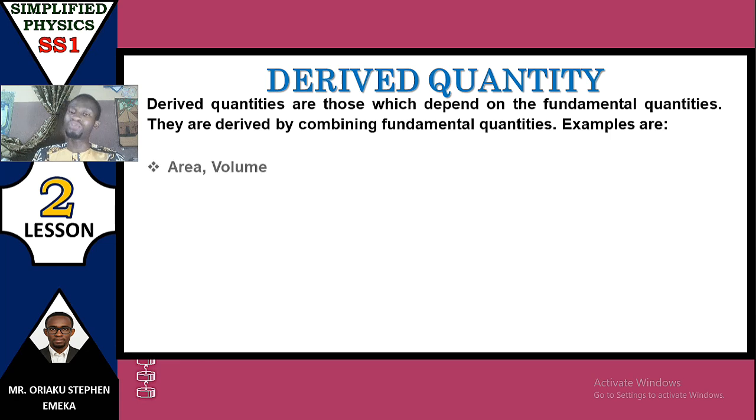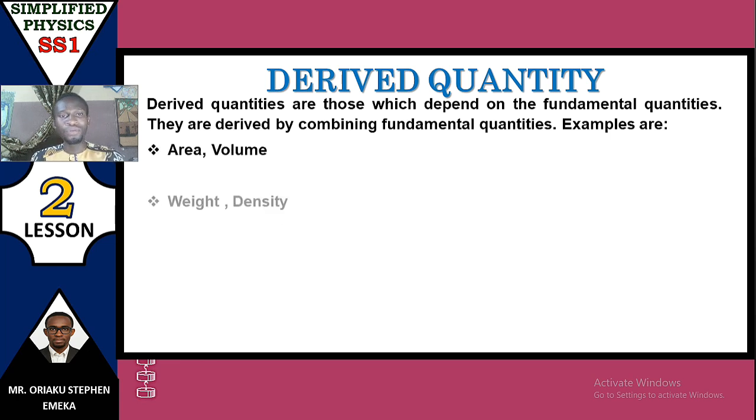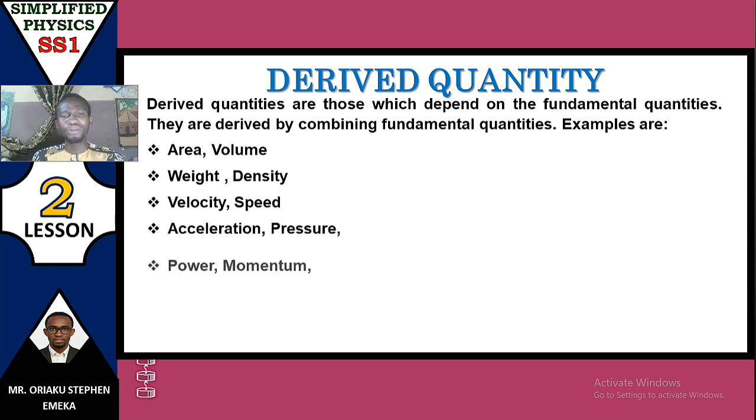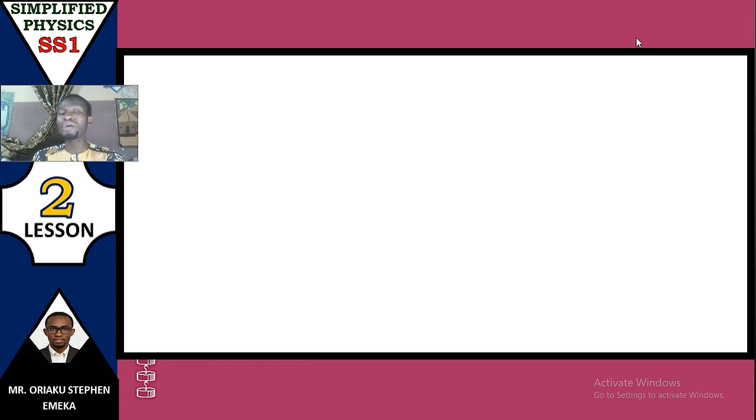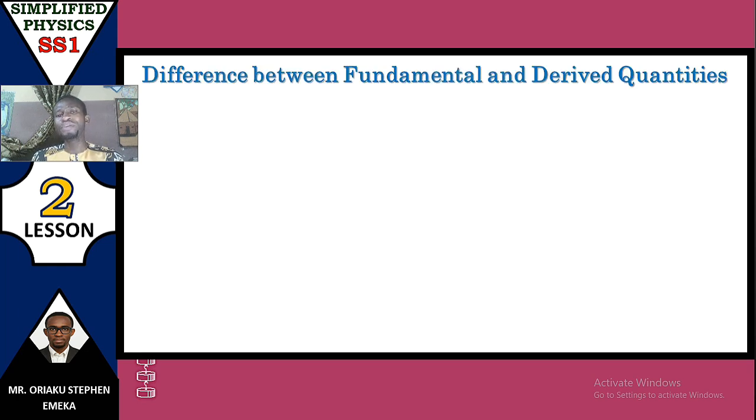Derived quantities are many: area, volume, weight, density, velocity, speed, acceleration, pressure, power, momentum, work and energy, electric potential, force, moment, impulse, etc. All other quantities in physics are derived, apart from those 7 fundamental quantities. So what are the differences between fundamental and derived quantities?